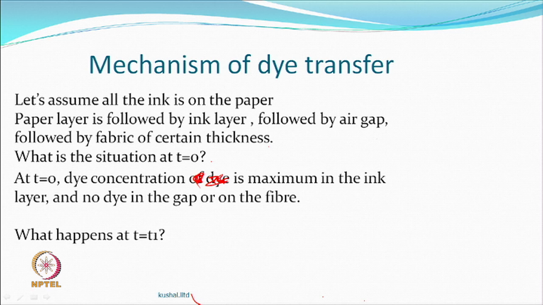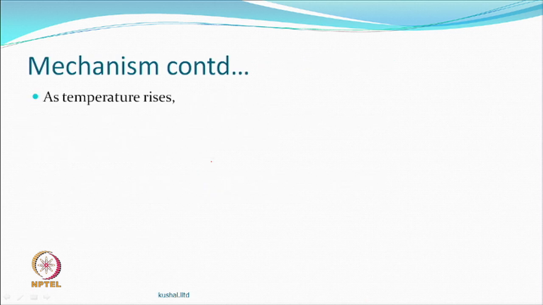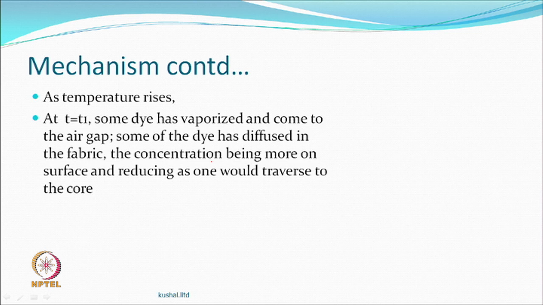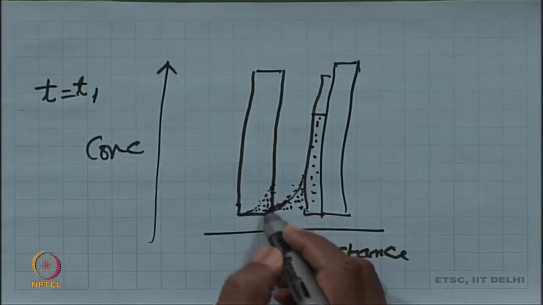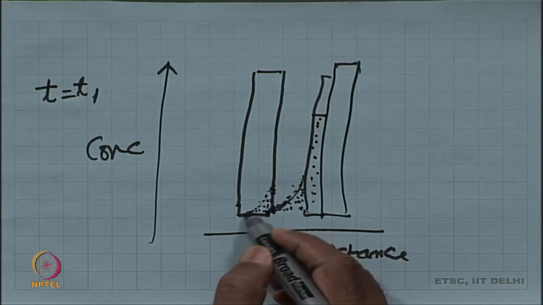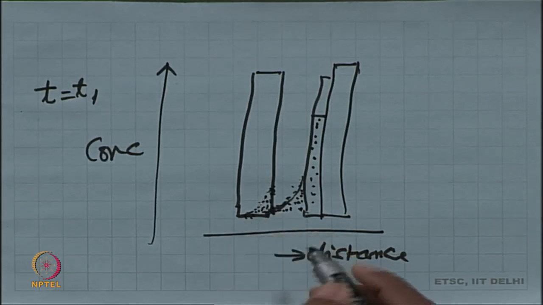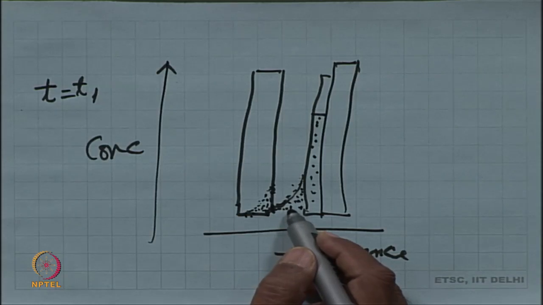At t is equal to t1 and the temperature rises, some dye has vaporized, has come to the air gap, some of the dye has diffused in the fiber, the concentration being more on the surface and reducing as one would traverse to the core of the fiber. So, this is what we said, that the concentration will be more on the surface of the fiber. As you go inside the fiber, the concentration of dye will be less. Something similar is here.